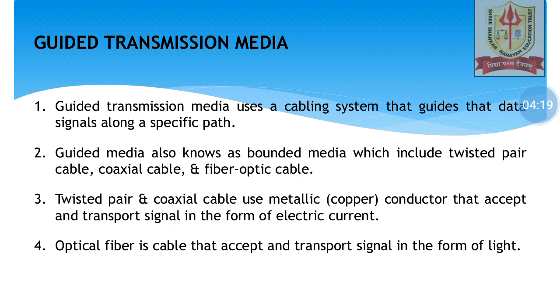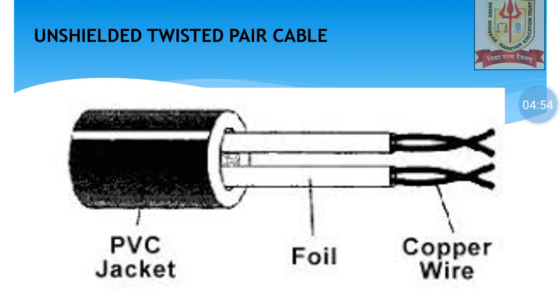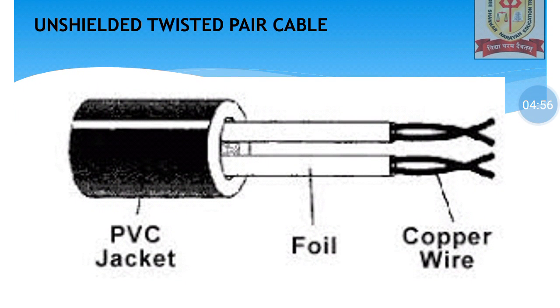Twisted pair and coaxial cable use copper conductors to send a signal from sender to receiver, whereas optical fiber, as the name implies, uses light signals to transmit data from sender to receiver. So this is the example of unshielded twisted pair.